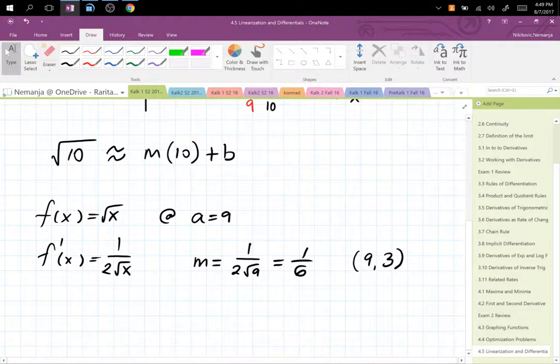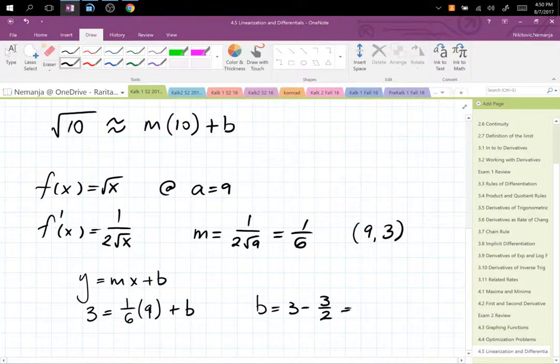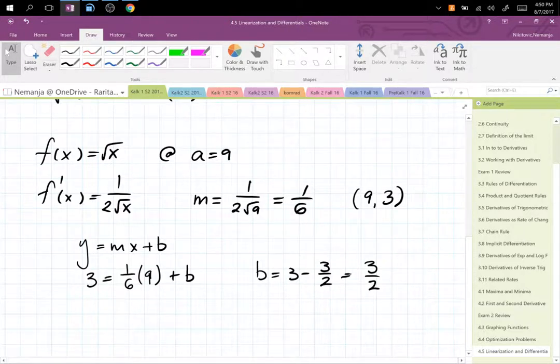Now when you plug that into y equals mx plus b, you have your y as 3, your m as 1 over 6, your x as 9, and you just need to figure out b. So now this is 3 halves, so b is equal to 3 minus 3 halves, which is 3 halves. And we have the tangent line y equals 1 over 6 x plus 3 halves.